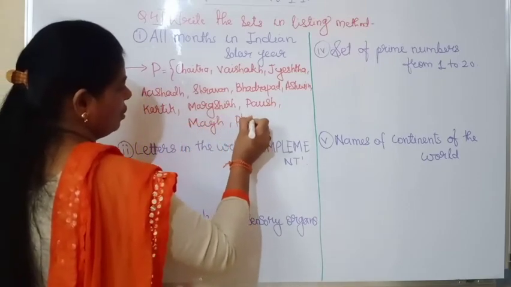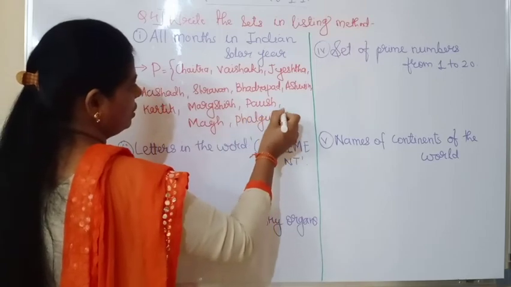So these are the 12 months of the Indian solar year.